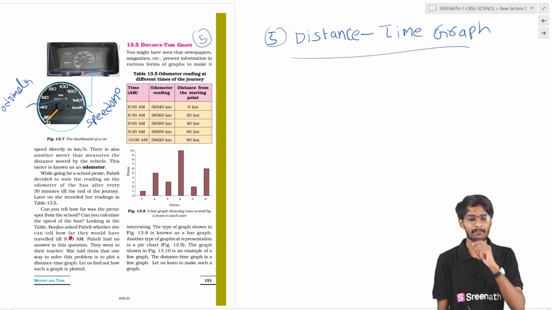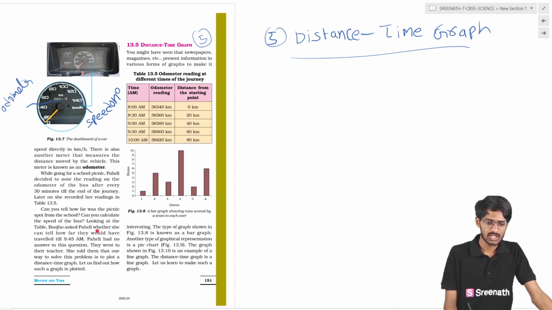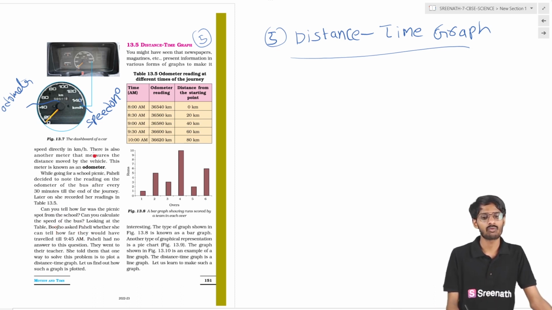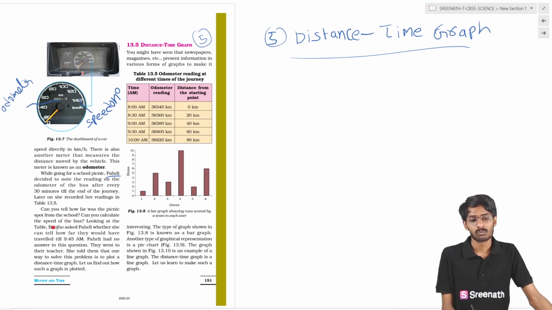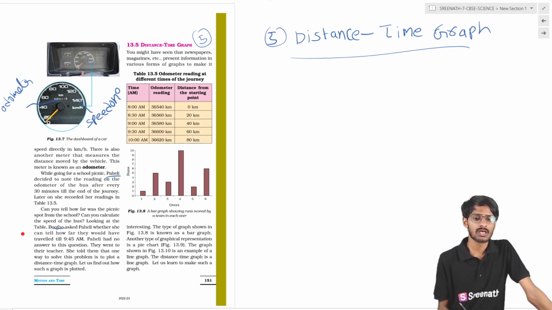Basically, there is a school picnic, and there are two persons: Pehli and Bajo. All the schoolmates, along with the teachers, are traveling to a school picnic.